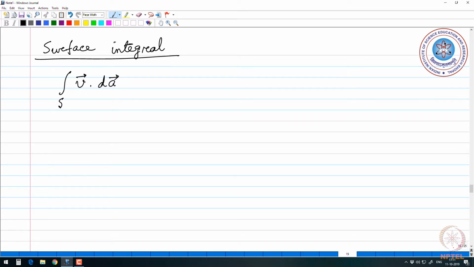And v must be a vector function. The surface may sometimes include a volume. Then this symbol for surface integral comes into effect, v dot dA.